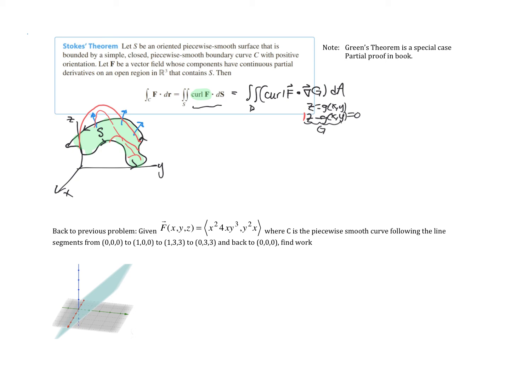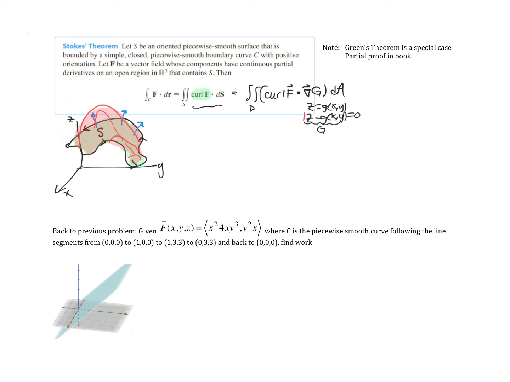So I might get some sort of surface that's more of a bubble instead of something flat. I could use that surface instead. So this surface that is bound by the curve, there are infinitely many surfaces that are bound by that curve. There are infinitely many that we could use. So we'll do an example shortly where you see what I mean by that.